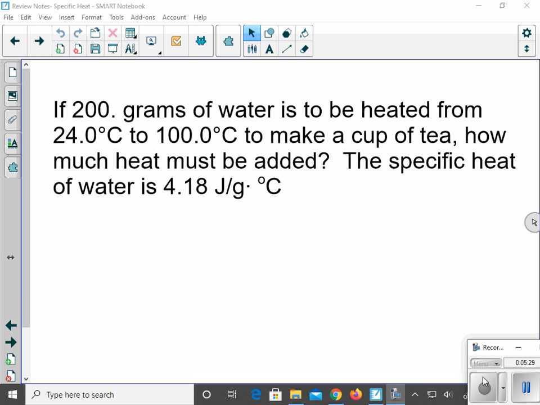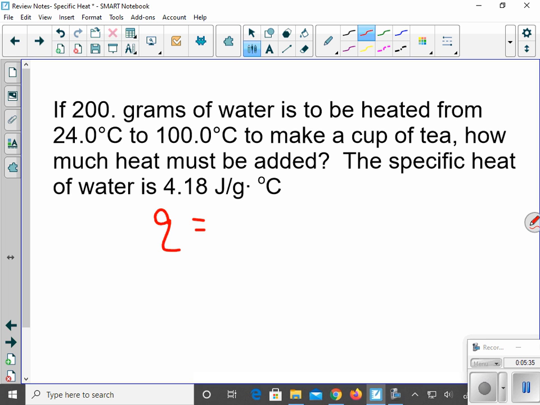Now, as I said, we've dealt with these before. So when I put my equation, Q is equal to the specific heat times the mass times the delta T. Now, when we were dealing with this, we flopped the specific heat and the mass. We had the mass first. Does it matter what order you put them in? It does not.